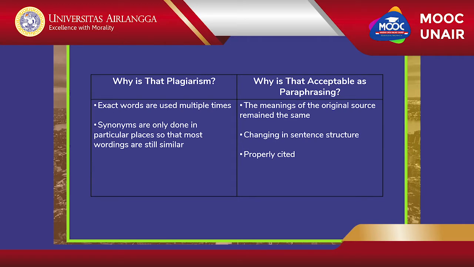Can you see them? Not only that, it takes place multiple times. Another reason is that even though they use synonyms, they're not paraphrased enough so that the wordings overall are still much too similar to the source text.